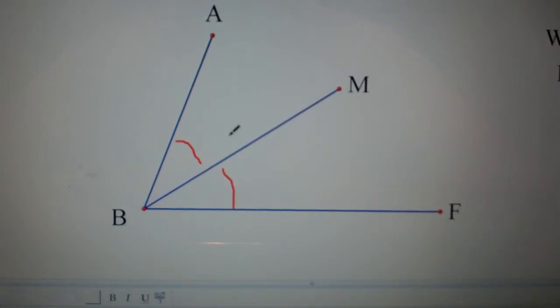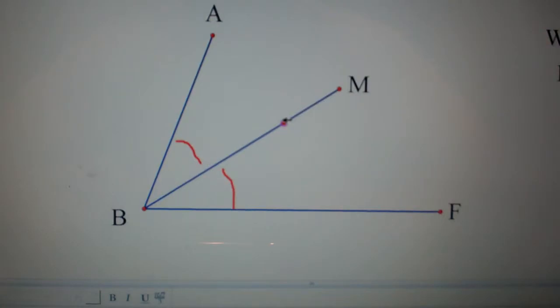Okay? What we can also say is that once we know that a ray is an angle bisector, we can also say that any point along that ray is going to be in the middle of the angle. So here, I've got this point, and I can drag this point anywhere along this ray, and it's going to be in the middle of the angle.